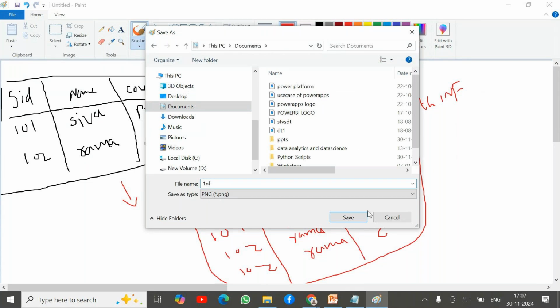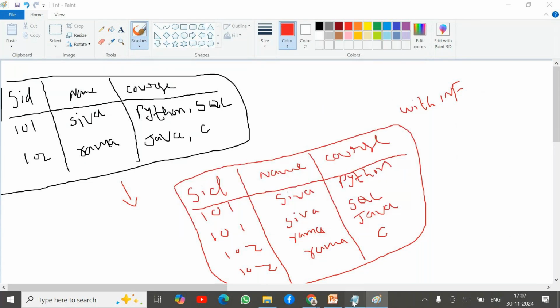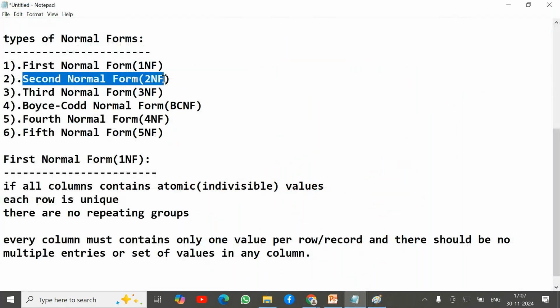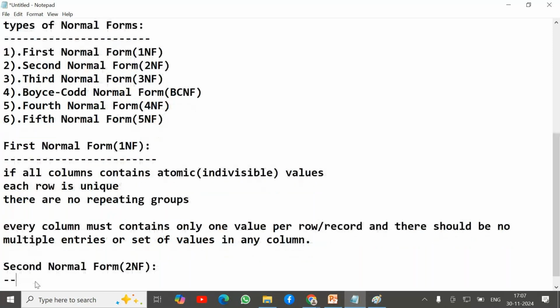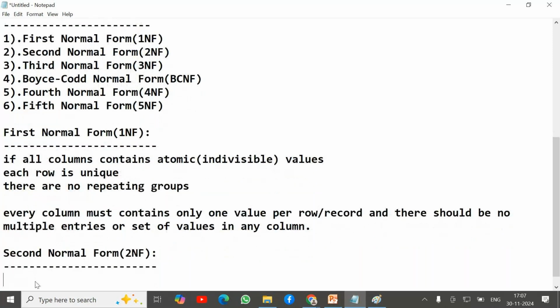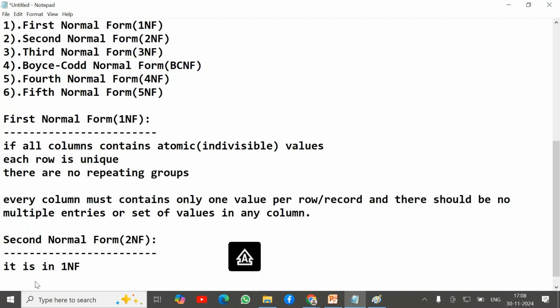Next, another one, second normal form. Coming to second normal form, the table is in 1NF and all non-key columns are fully functionally dependent on the primary key.